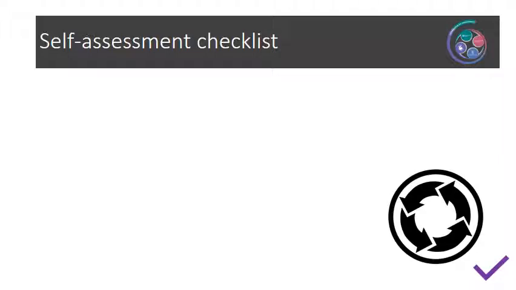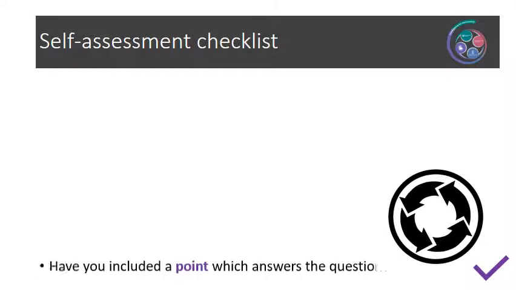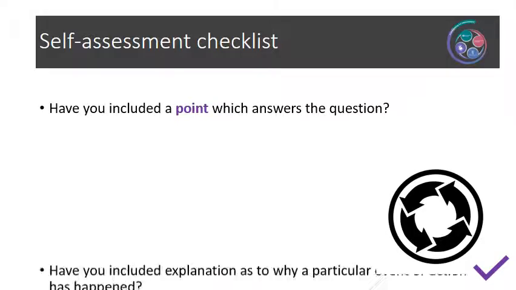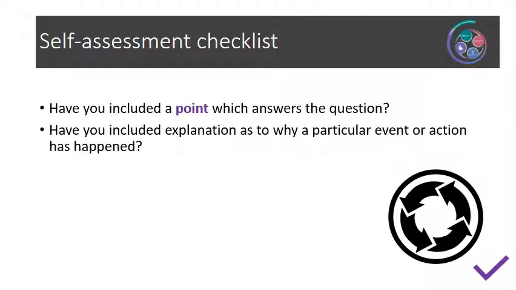Once more, to recap, you should use this self-assessment checklist any time you answer an explain question to evaluate whether you followed the correct process. So once again, it would be good to get yourself into the habit of asking yourself, have you included a point which answers the question directly? Have you included an explanation as to why a particular event or action has happened?